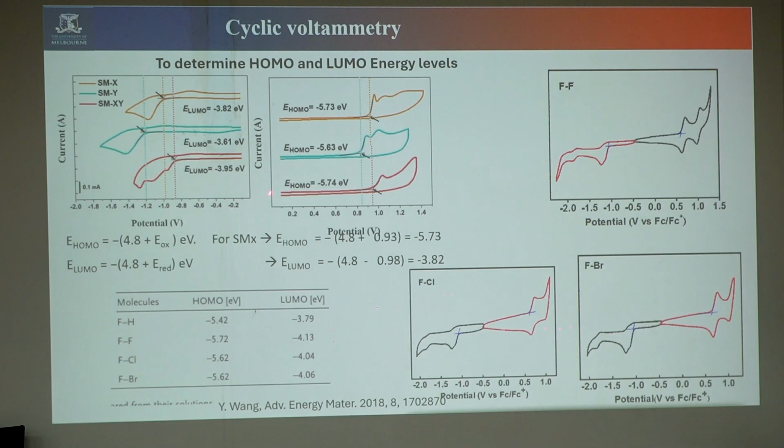For example, if you have around 0.9 and you subtract it from 4.8, you will get 3.95. That is your LUMO level. Similarly for the HOMO level onset, you draw a tangent here and another baseline tangent here, and the point where they cut is the point we need to take.